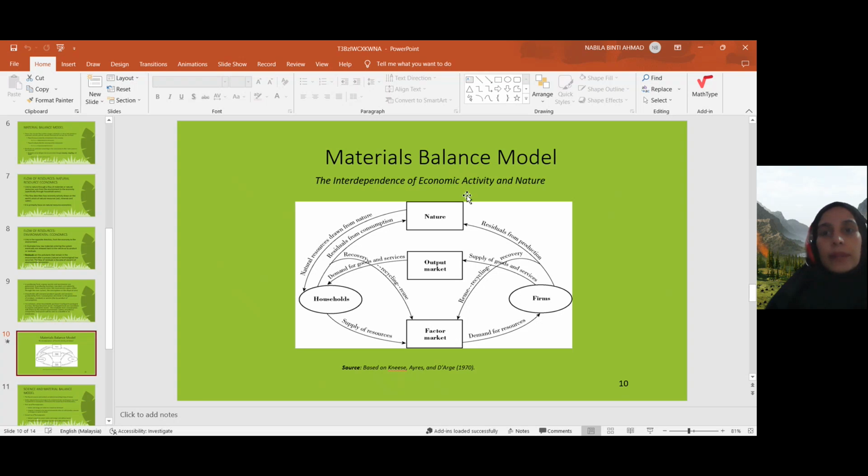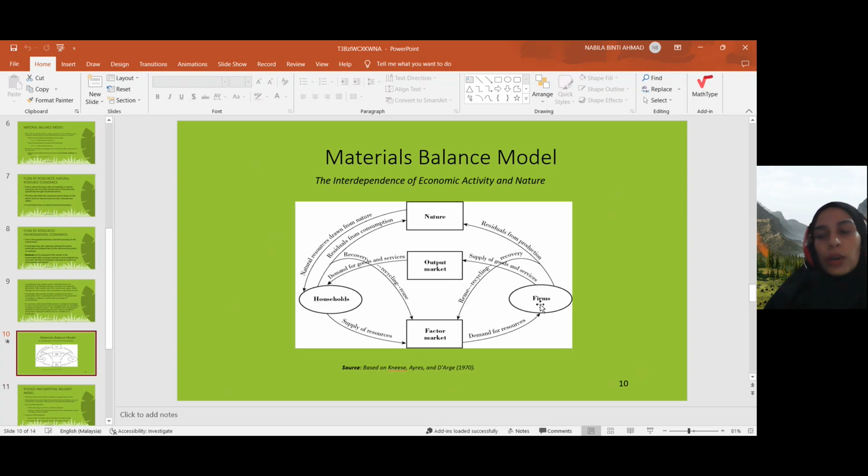This is the materials balance model, developed by Ayres and Kneese in 1970. We still have the 2 sectors model, with the output market, factor market, and so on. But now, when we include the environmental part, we add residuals.